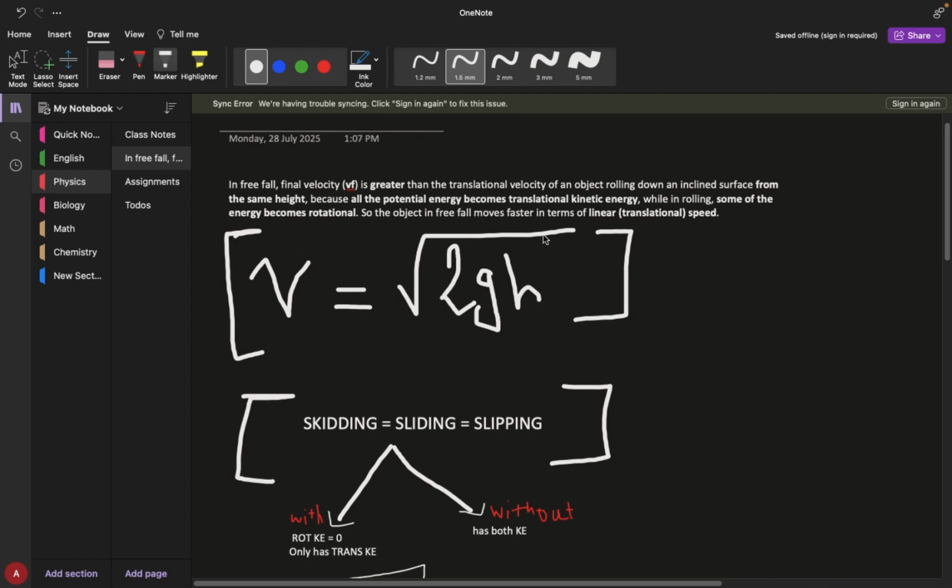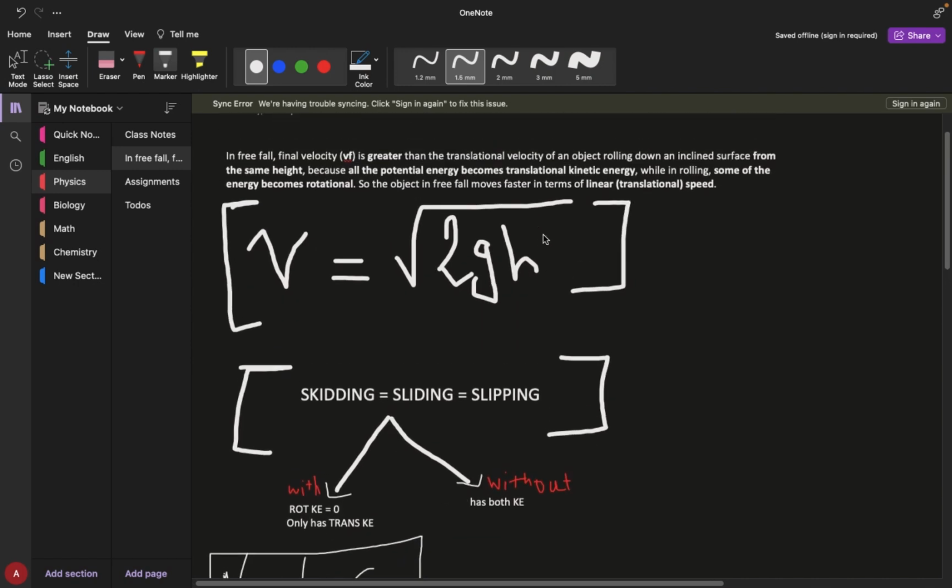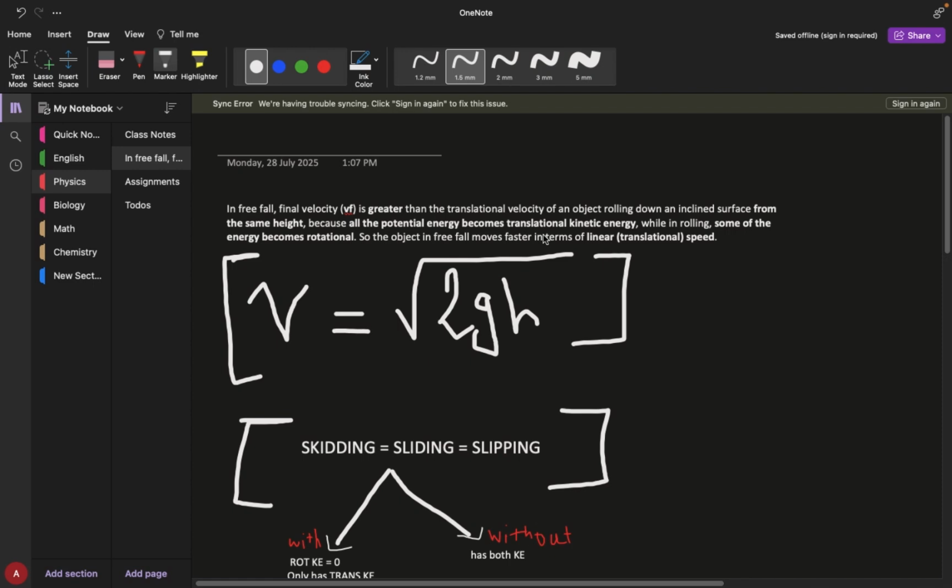In free fall, you have energy only in the form of translational kinetic energy. In free fall, we really don't have rotation, so none of our energy is converted to rotational kinetic energy. Hence, my energy is not lost, and all of it is translational kinetic energy. And obviously, if you have more translational kinetic energy, your translational speed is going to be more. That's common sense, I'm afraid.